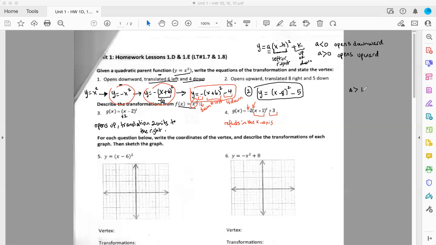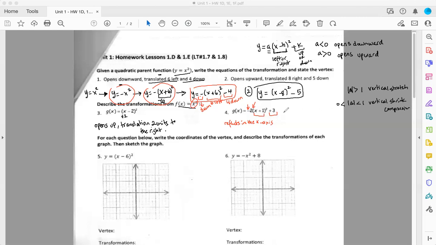We said when A is greater than 1, we have a vertical stretch. And I'd like to think of it as when A in absolute value is greater than 1. And when A in absolute value is between 0 and 1, then we have what? The vertical shrink or compression. I like the word compression better, but if you want to use the word shrink, that's okay as well.